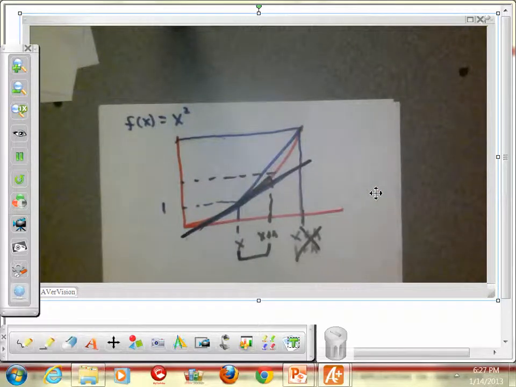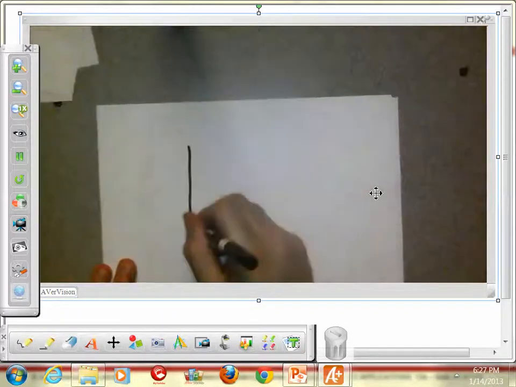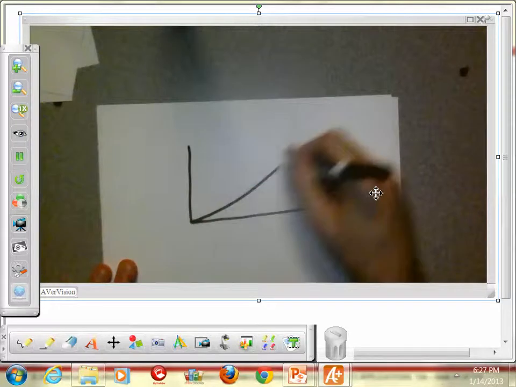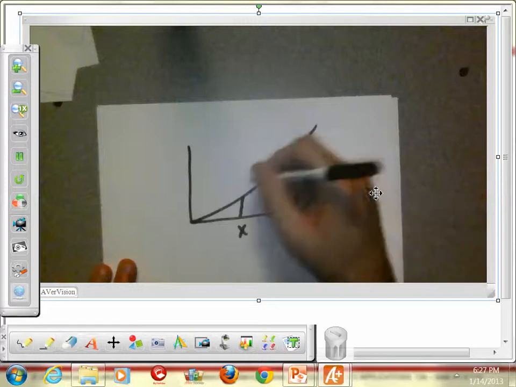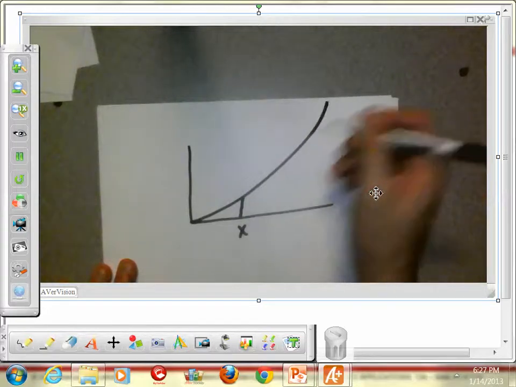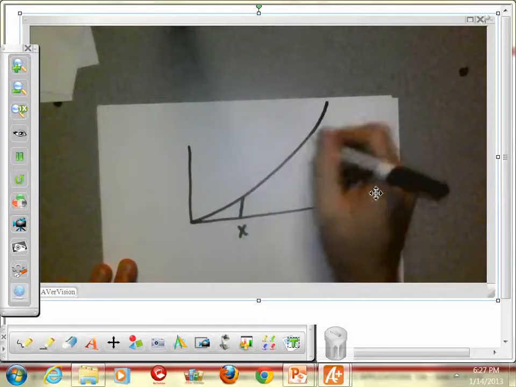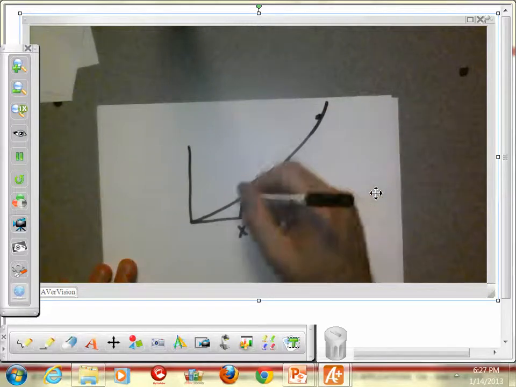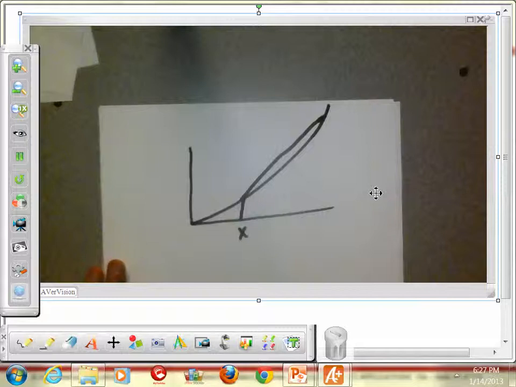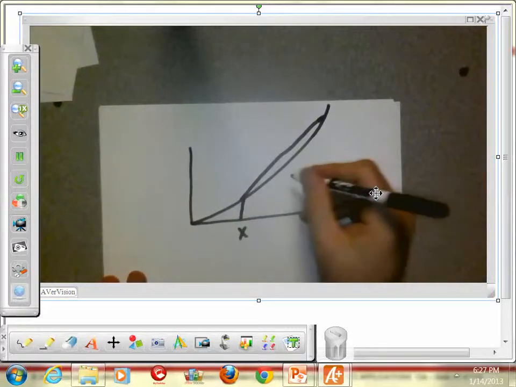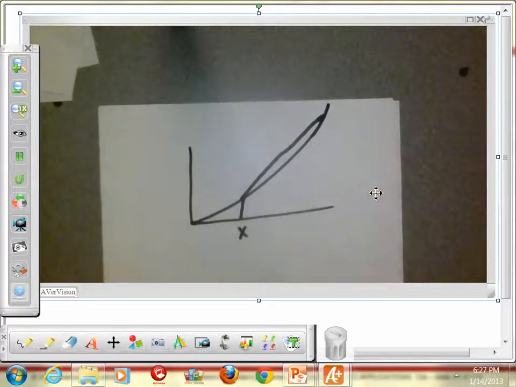So I don't know if that was clear or not, but basically the idea is if I start with something like the curve x squared, I pick a value of x, say x is 1, and I pick another point out here, I connect them, I find the slope of that line. Then I pick a closer point on the curve.